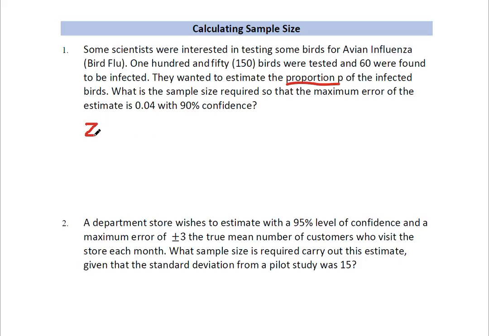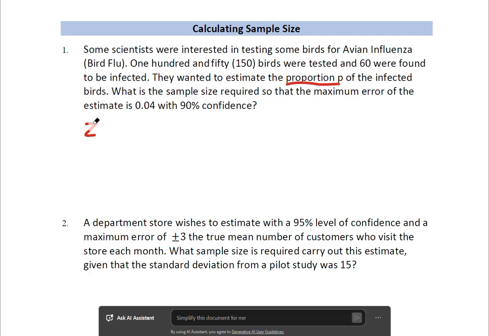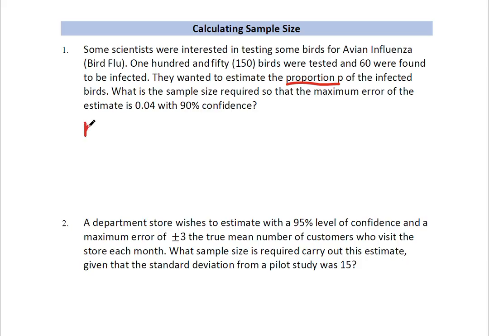So we need to firstly establish what the formula is for confidence intervals for proportions. The formula is n, where n represents the sample size itself that we're trying to calculate, is equal to z squared, where Z is the table reading from the standard normal table associated with the level of confidence of the estimate, multiplied by p hat, which is the sample proportion, times q hat, which is always 1 minus p hat, and we're dividing by the square of the maximum tolerable error or margin of error.